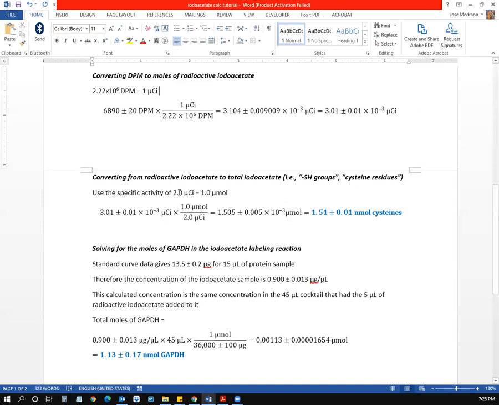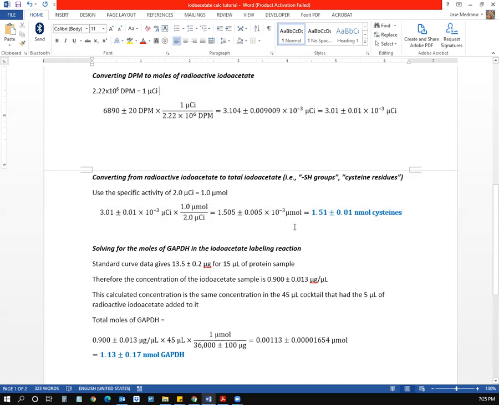That relationship between the radioactivity that we're detecting and the actual amount of iodoacetate, radioactive and non-radioactive, in there is 2 microcuries equals 1 micromole. So we will take our previous answer after we've converted DPMs to microcuries, and multiply that by the correction factor of 1 micromole of iodoacetate equal to 2 microcuries of radioactive iodoacetate.